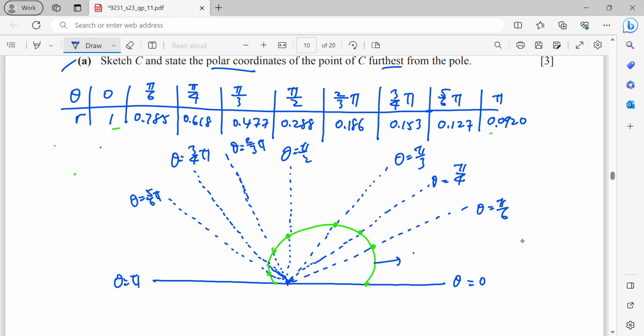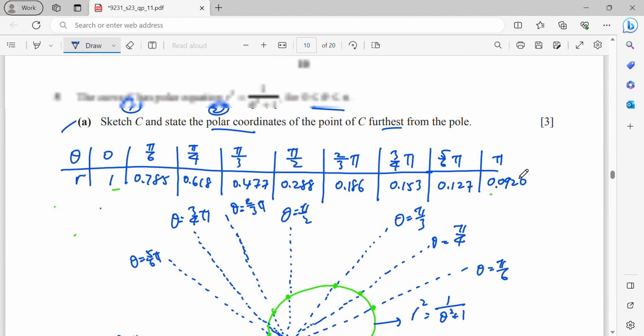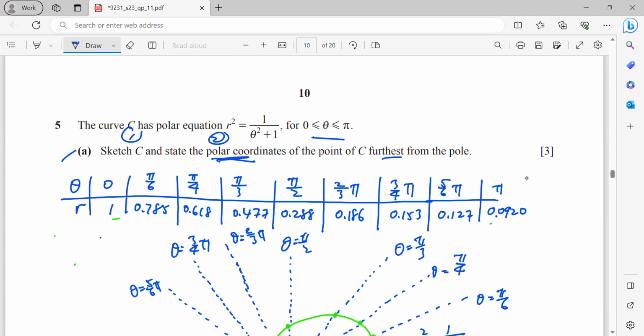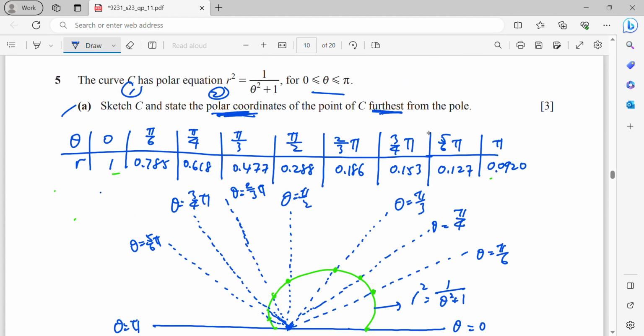Right, so this is my r squared equals to 1 over theta squared plus 1. That is my curve C. Sorry, r squared. Okay, r squared. And then now, we need to get the polar coordinates of the point C furthest from the pole. This is the pole. Okay, furthest from the pole obviously is the first one. Right, because the r is the longest.